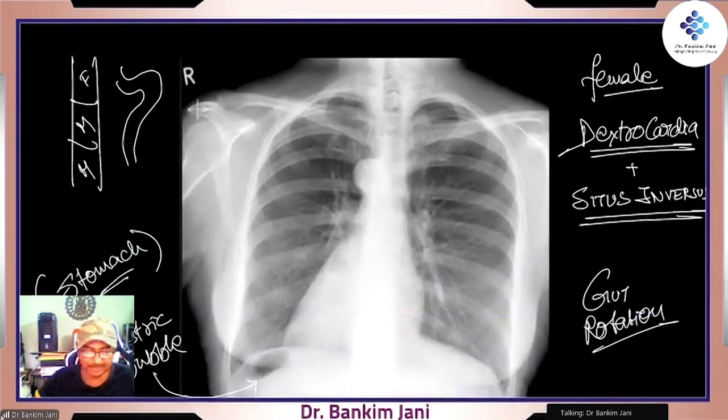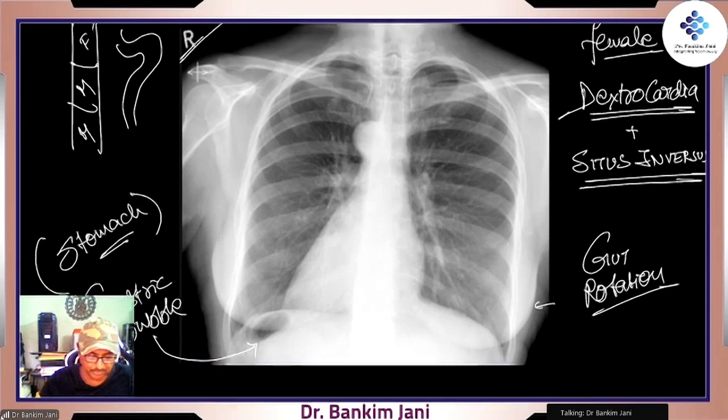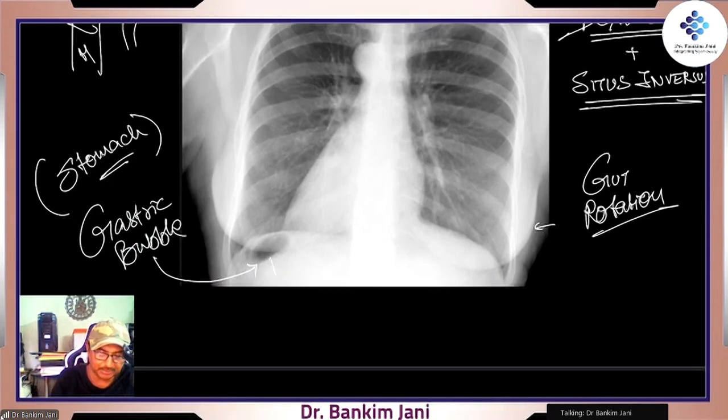That is the digestive system. Here, that's the breast shadow. This is a female, and this is the right side marker confirmed by the technician, so definitely it is there. The heart is on the opposite side. This is dextrocardia, but at the same time you can see the gastric bubble. So this is the classical case of situs inversus, and it is because of a problem in gut rotation.